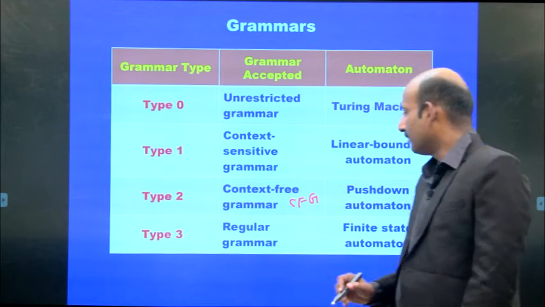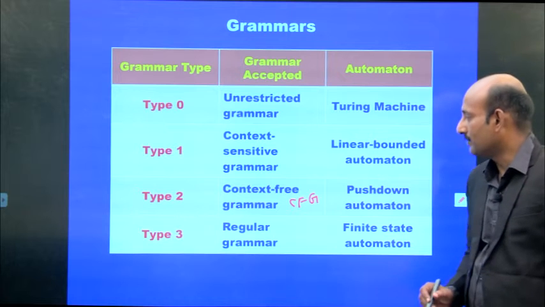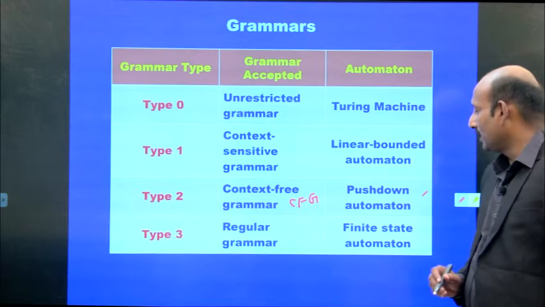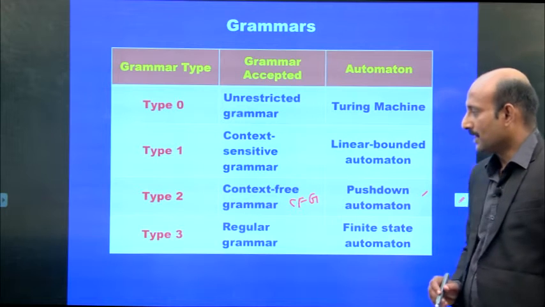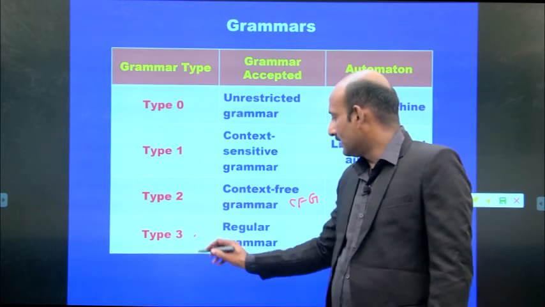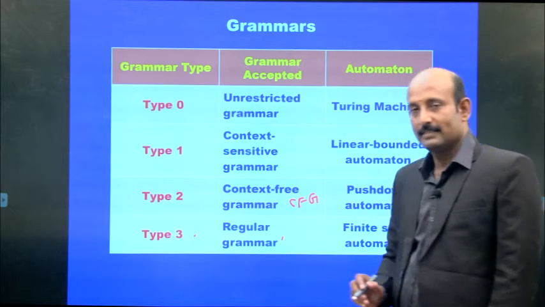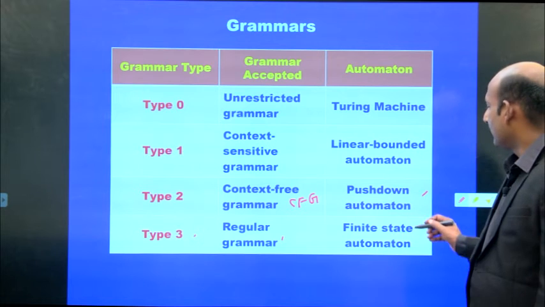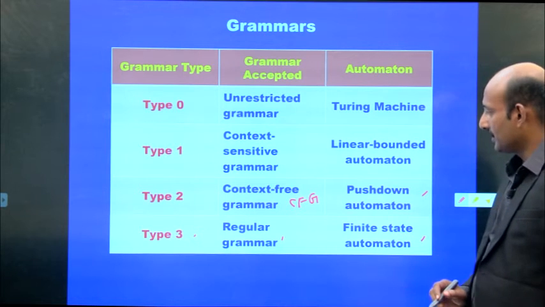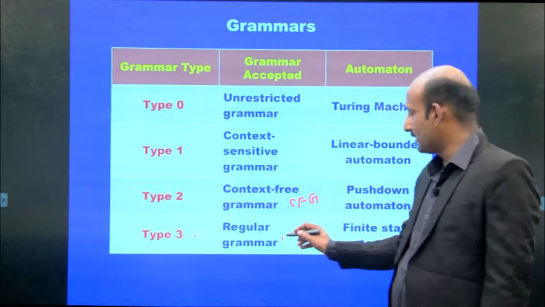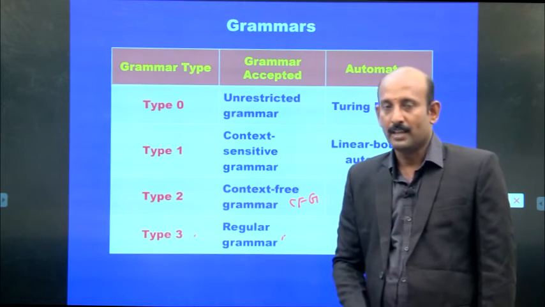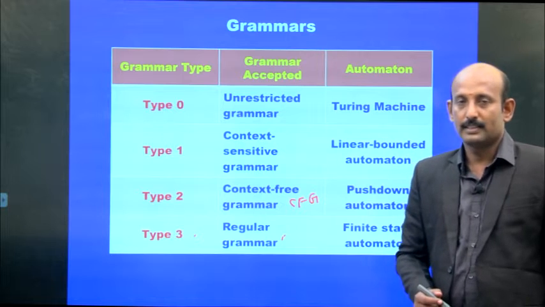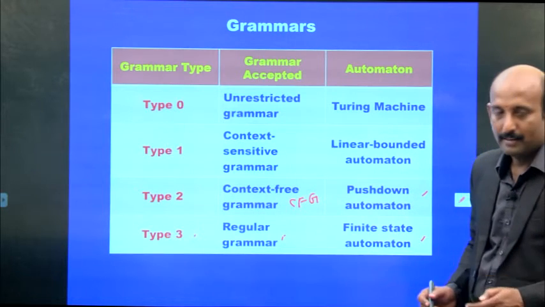For it, you are going to use the machine called a pushdown automaton. And type 3 grammar is the regular grammar, which is accepted by a finite state automaton. Now, let's see these types of grammars in detail.